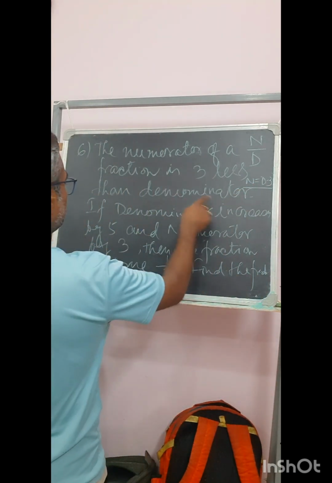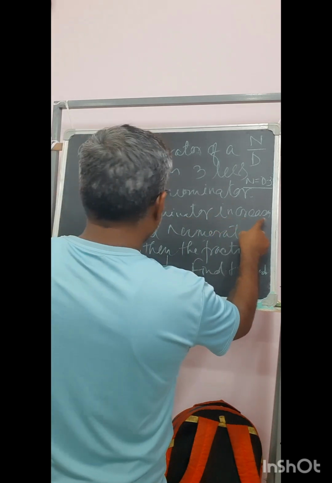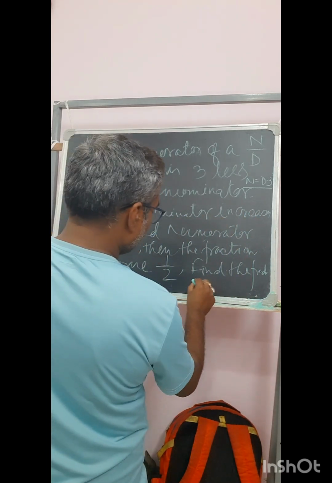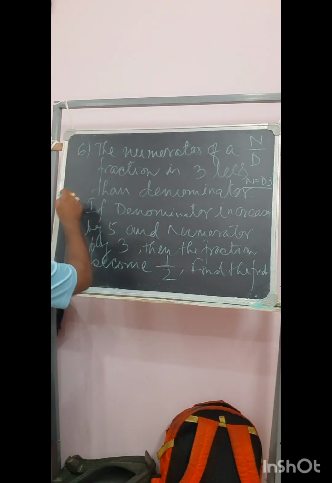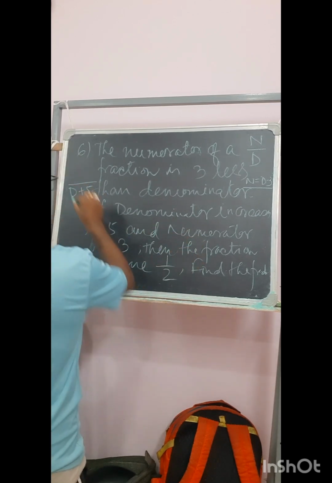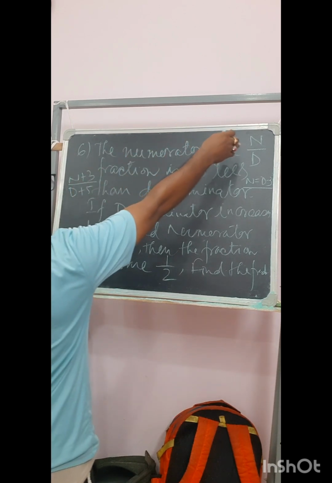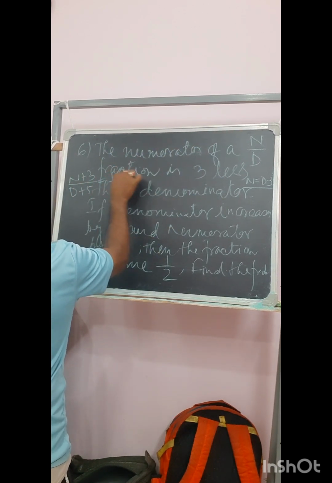The second relation is that if the denominator increases by 5, that means d is increasing by 5, so d plus 5, and n is increased by 3, n plus 3, then I will get the fraction as half.